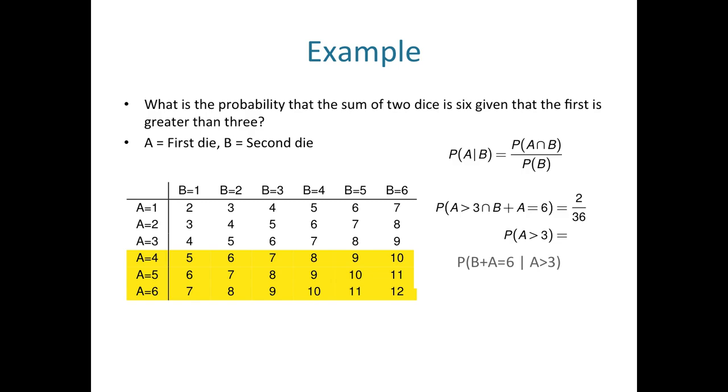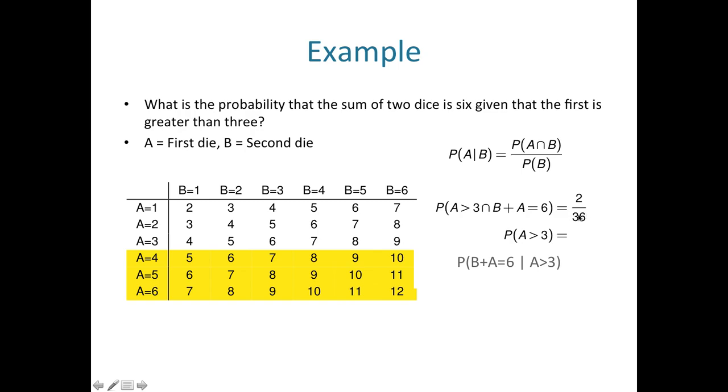And if we look at those 3 rows, we see that there are 2 cases in which the sum is 6. The case in which the first dice is 5 and the second is 1, and the case in which the first dice is 4 and the second is 2. Those are the only 2 cases. So we have this case here for 6 and this case here for 6. Then we go ahead and say that the joint probability that the first dice is larger than 3 and the sum is equal to 6 is 2/36.